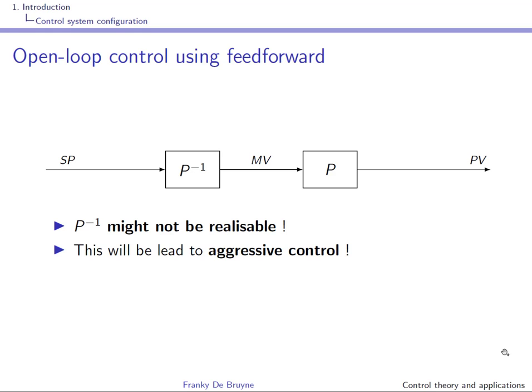This idea of taking the inverse of the process is going to lead to very aggressive control. This is simply because we are imposing PV is equal to setpoint, right? In this process we have some dynamics, right? And we want to impose the fact that PV is reacting immediately to setpoint.